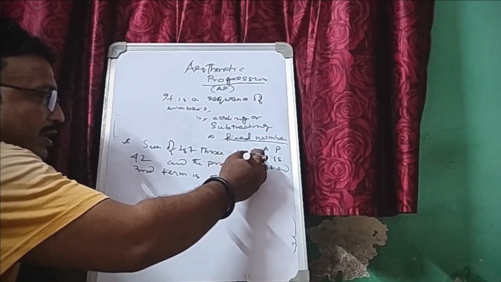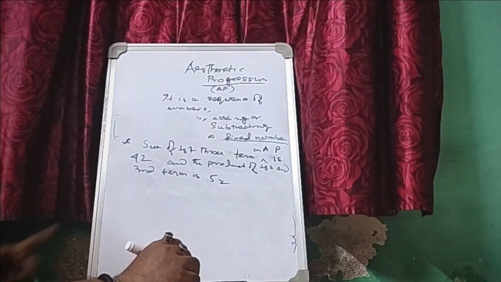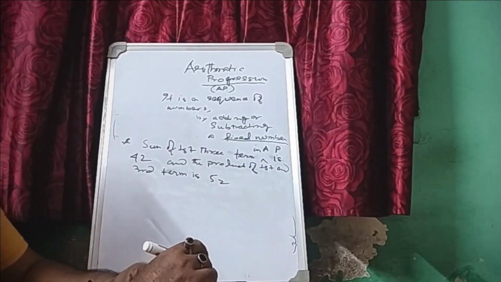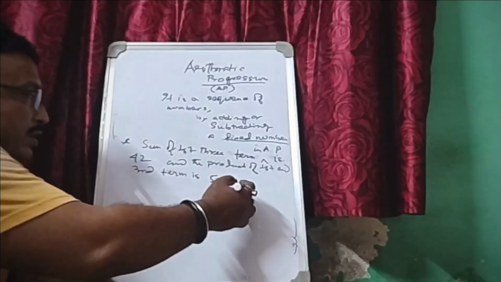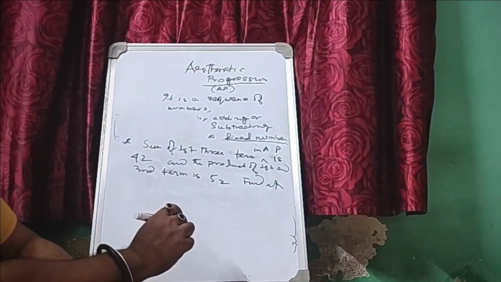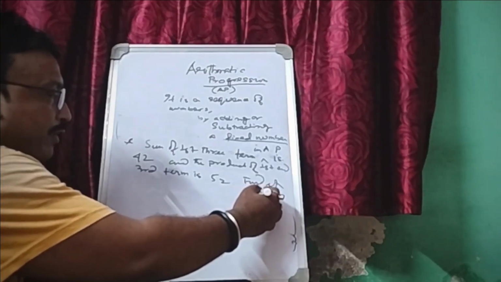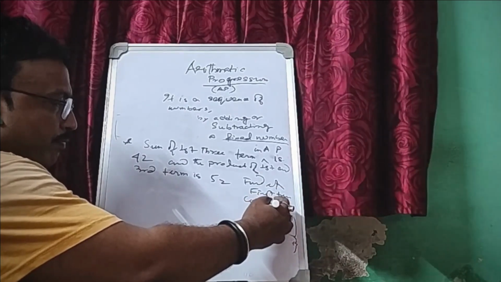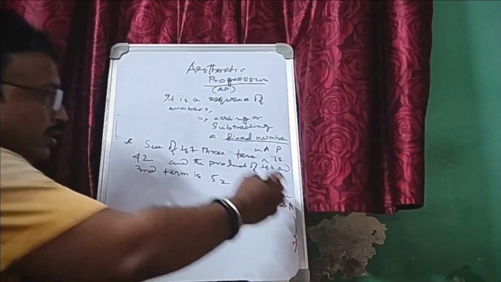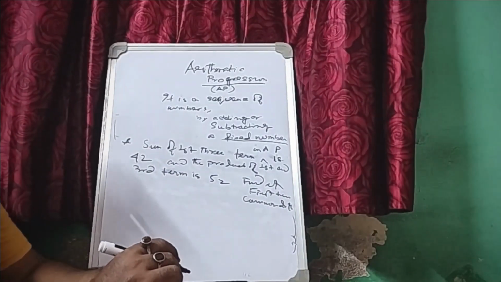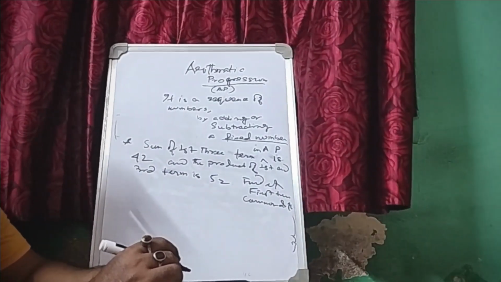In AP, it is called term, though they are number values. Nth term, fifth term, sixth term. So find out the first term and common difference. This type of problem is also given in your exam.